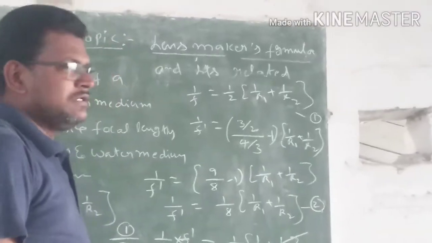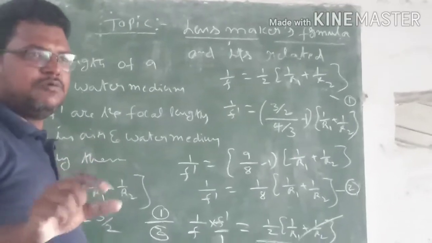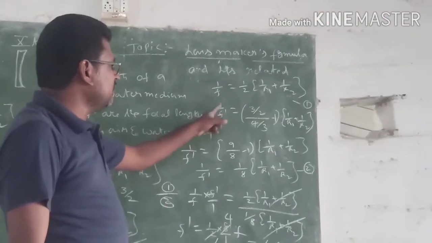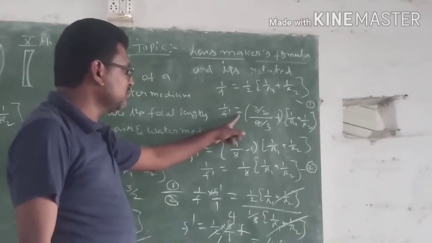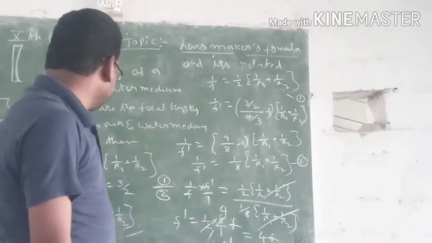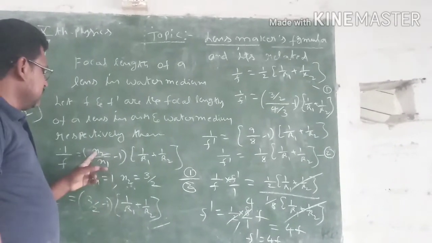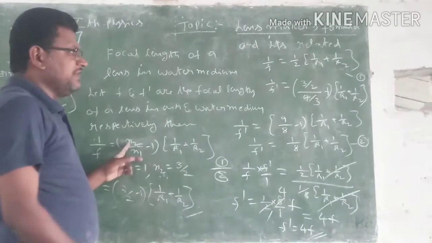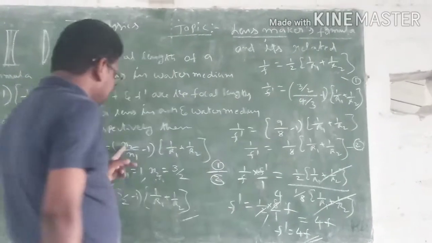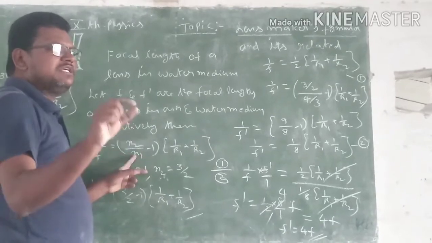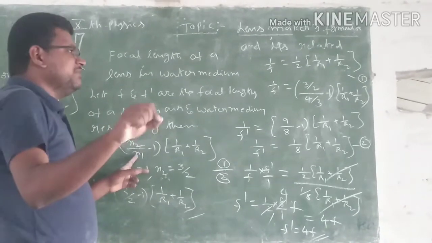Next, when the same lens is kept in a water medium, assume its focal length is f dash. Then 1 by f dash is equal to, okay, now substitute the same in the lens formula. N2 is the refractive index of the lens, 3 by 2, and N1 is the refractive index of the medium in which the lens is kept. Here the medium is what?